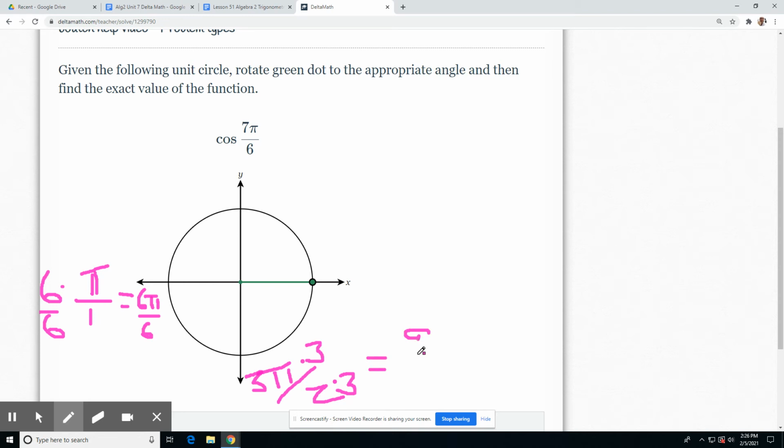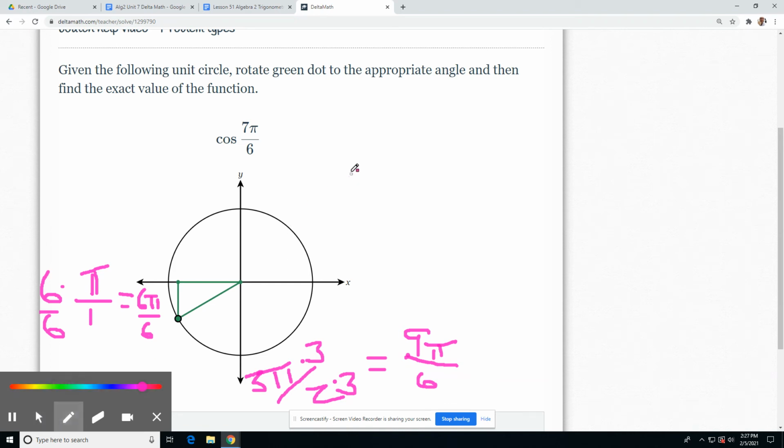And this one is equal to 9 pi over 6. So 7 pi over 6 is just 1 notch farther than pi, once we have that common denominator. So right there. This is like a pi over 6 right here, because it's 1 pi over 6 farther than pi.